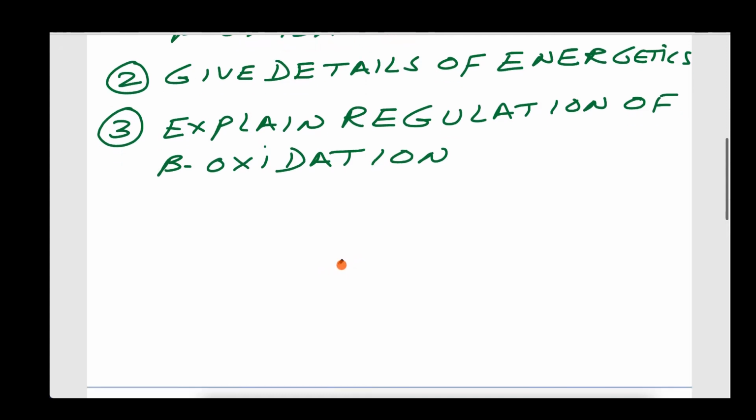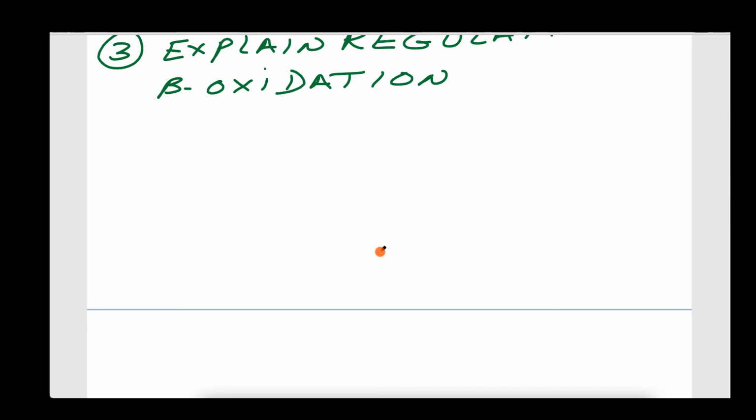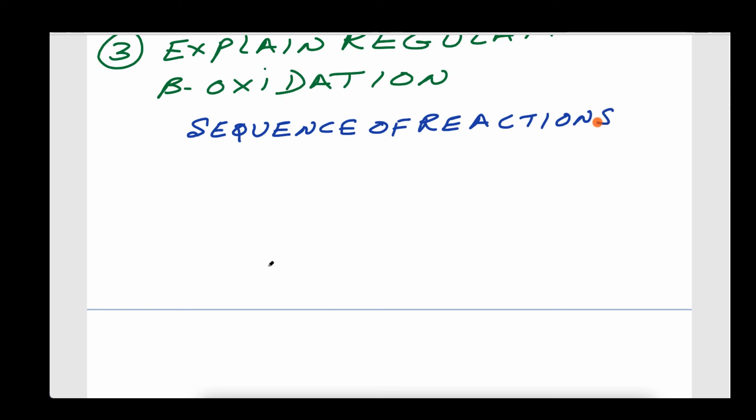Okay, then what is the sequence of reactions in the process of beta oxidation of fatty acids? There are four reactions that take place repeatedly, releasing two carbon fragments. The first one is oxidation.